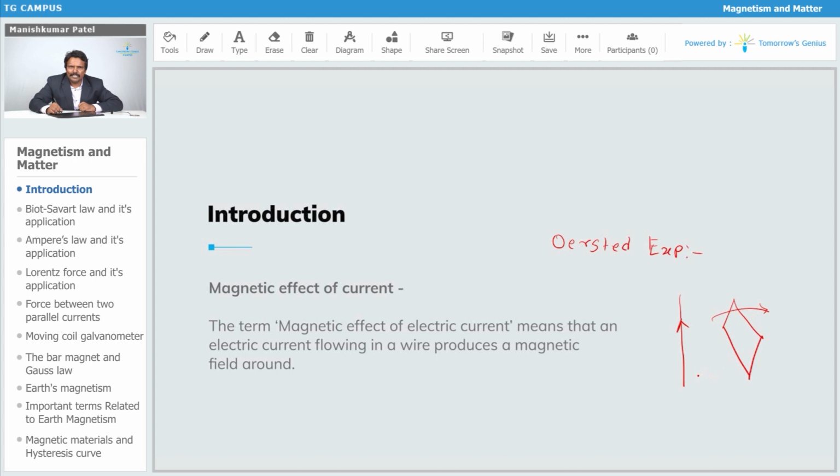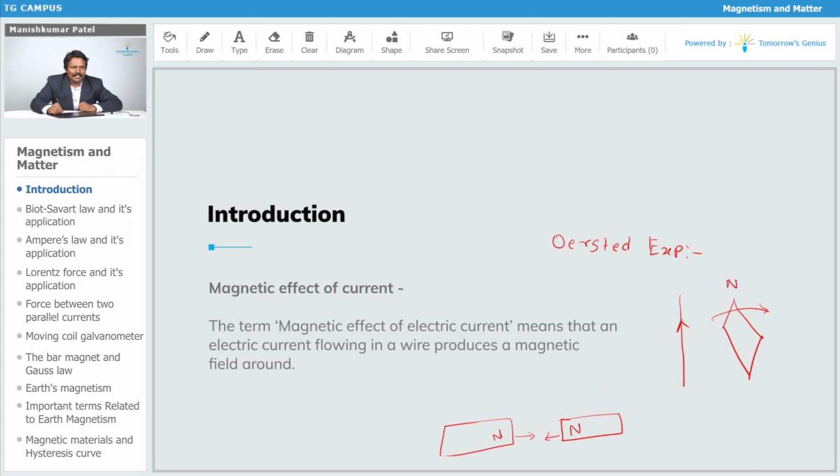The needle is obviously a magnet, and if it is getting deflected, definitely there has to be the presence of another magnet over there. Suppose I bring two magnets closer to each other, then there is repulsion. The same thing is happening over here.